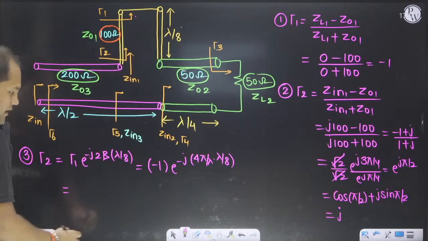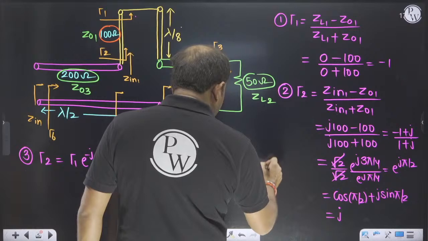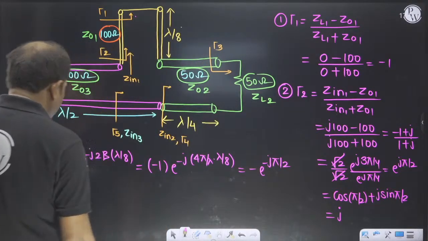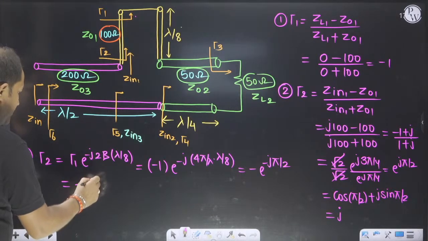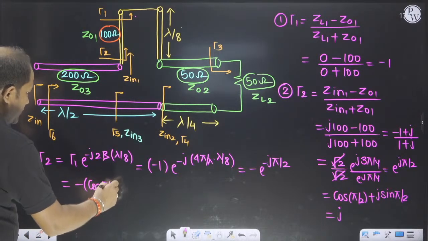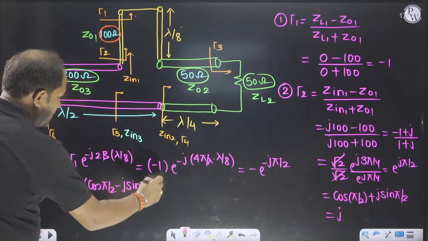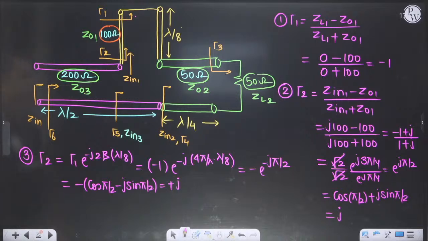So it will be minus e to the power minus j pi by 2, which is minus times cos pi by 2 minus j sin pi by 2. Cos pi by 2 is 0, sin pi by 2 is 1, so it will be plus j. So we can calculate gamma 2 like this also. Gamma 1 we have calculated, gamma 2 we have calculated.